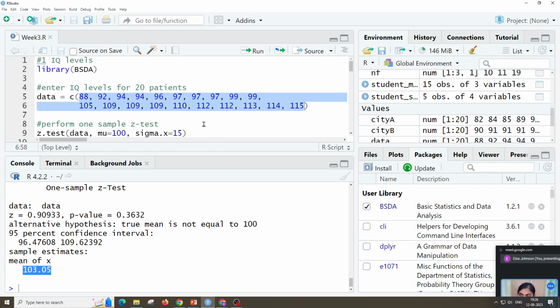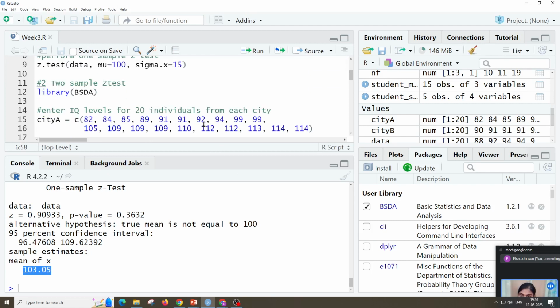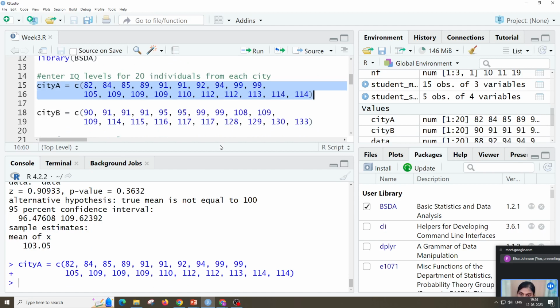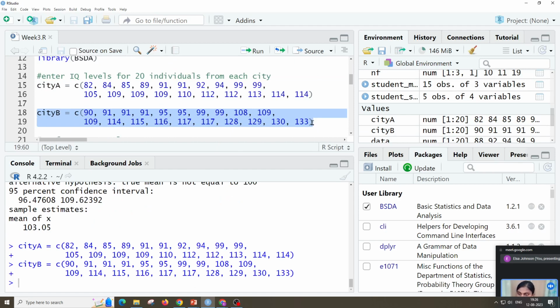Now for example, if you have two cities where the medication is given, you will take samples from one city. I have named it as city A, and another city is city B. From this we have taken the IQ levels of 20 people from both the cities.